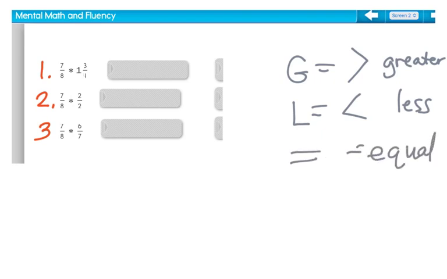Number 1, all compared to 7/8, remember. 7/8 times 1 3/4. So the answer is going to be greater than, less than, or equal to 7/8. Number 2, 7/8 times 2/2. Careful on that one. And number 3, 7/8 times 6/7. Will the answer be greater than, less than, or equal to 7/8?